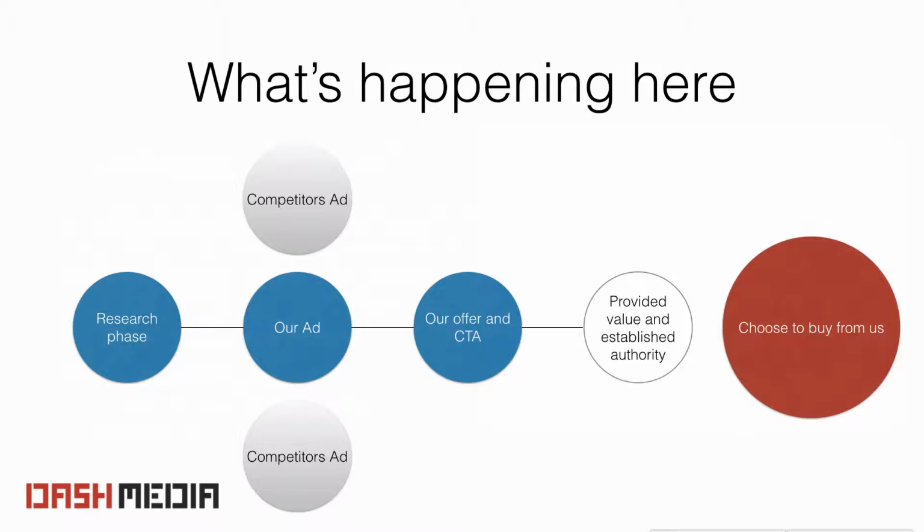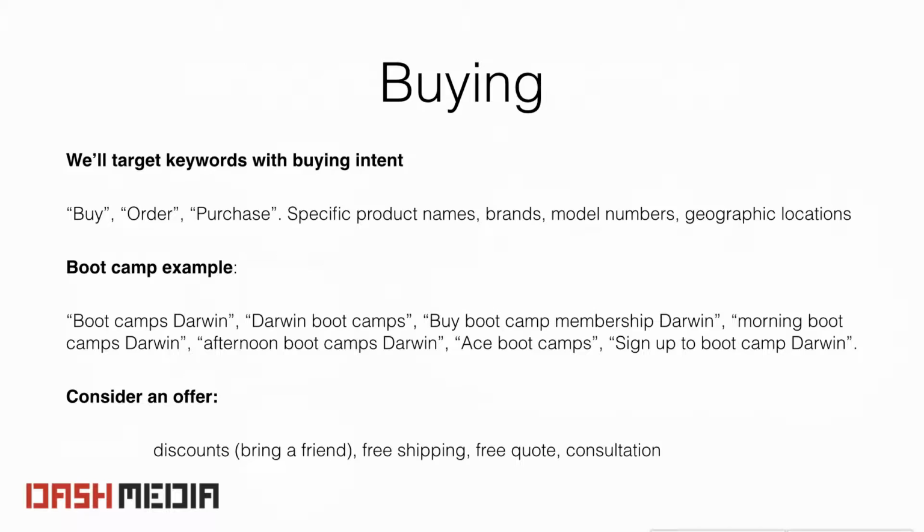So targeting your audience in research mode is actually a fantastic strategy. Of course, we need to look at the next one, right? We need to look at buying. I want to target my ads to my audience when they're ready to make that purchasing decision. Just like we saw with research mode, there are keyword phrases we need to consider that show purchasing intent.